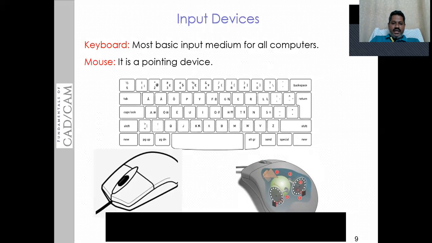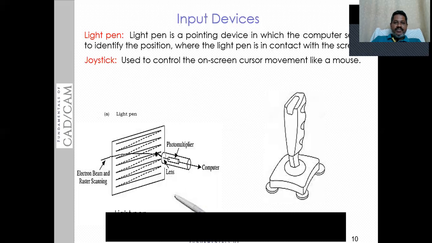When we move the optical mouse on the space provided on the pad, the movements of the mouse are transformed into x and y coordinates by using the beam of light. These are the two types of mouse frequently used: the optical mouse and the mechanical mouse.